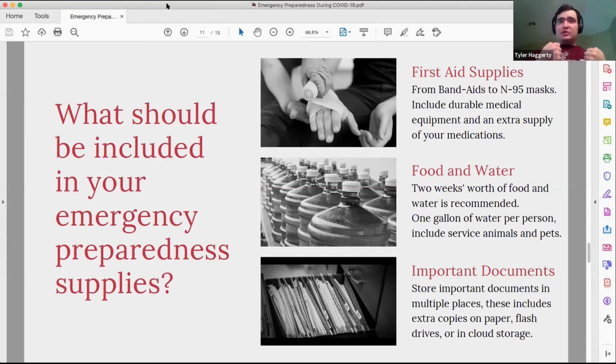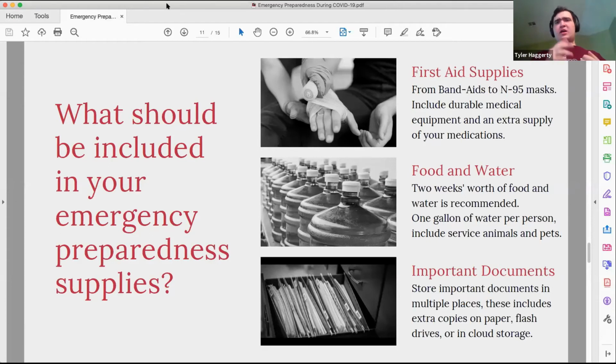If you need it, include durable medical equipment and extra supplies of your medication. I know for me, I have really severe ADHD, so I rely on my medication a lot so that I can just do executive functioning stuff.